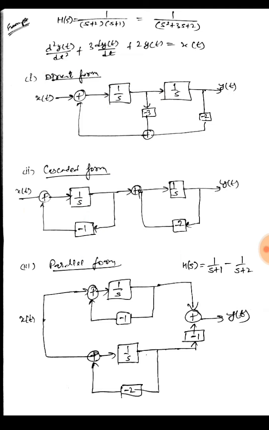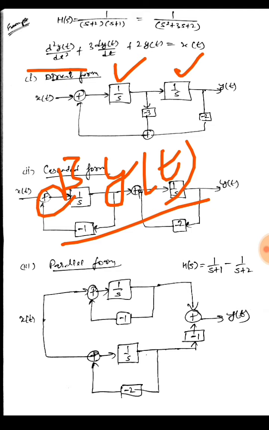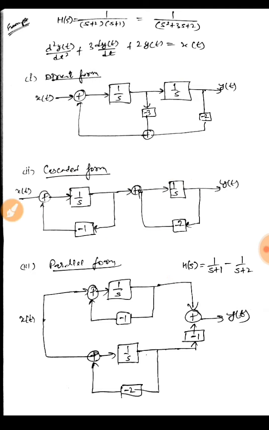But in this case I have second order as well, so I will have two such blocks, 1 upon s, 1 upon s. If the third derivative, d cube y(t) by dt, was there, I would have one more 1 upon s. So first of all see what the order is, then put that number of blocks.